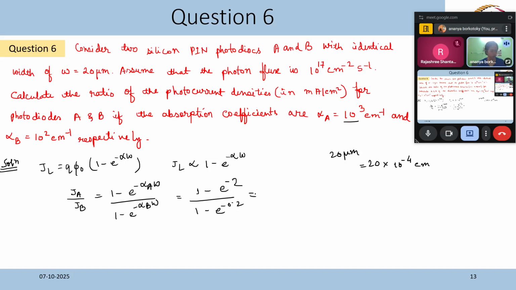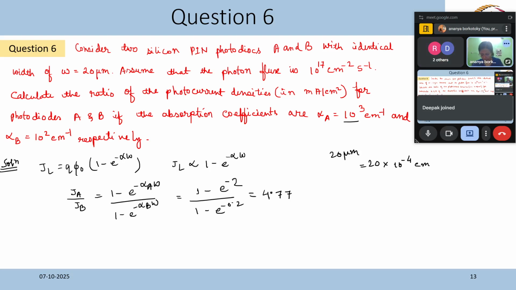So the ratio is 1 minus exponential minus 2 divided by 1 minus exponential minus 0.2, which is about 4.7. We don't have to calculate the whole current, just the ratio was asked.